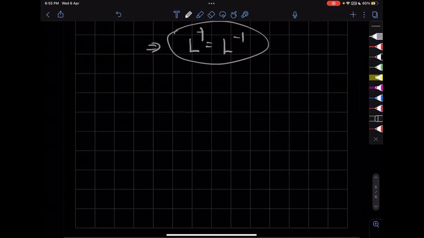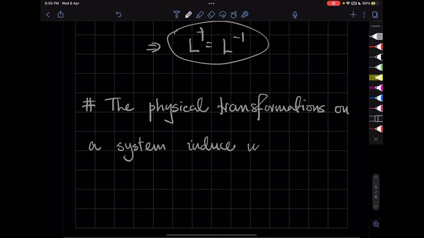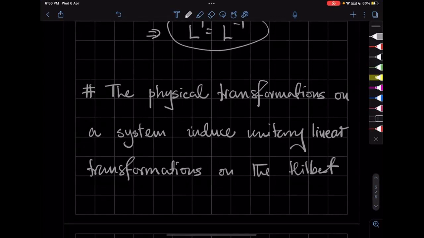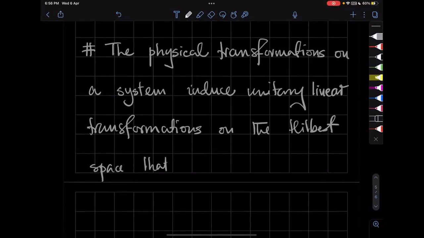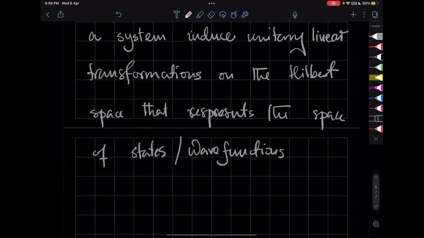Okay, shall I write that down? Because it's an important lesson. So the physical transformations on a system induce unitary transformations, I should say unitary linear transformations, on the Hilbert space that represents the space of states, or wave functions, sometimes they're called, of the system.